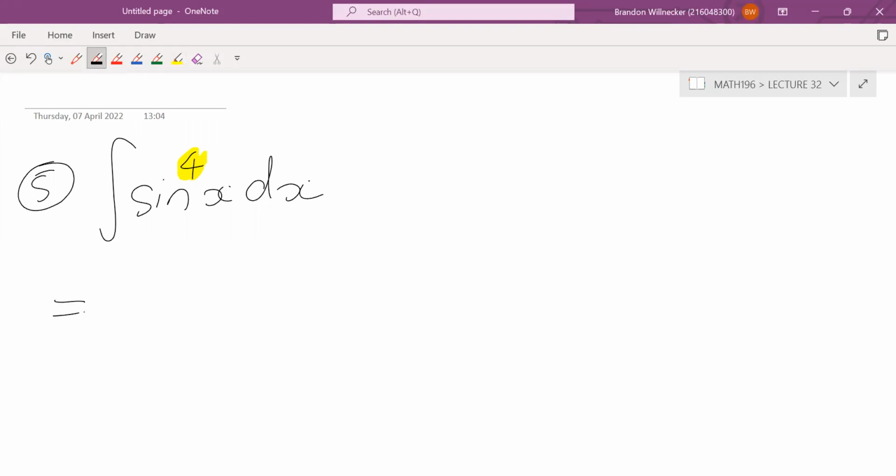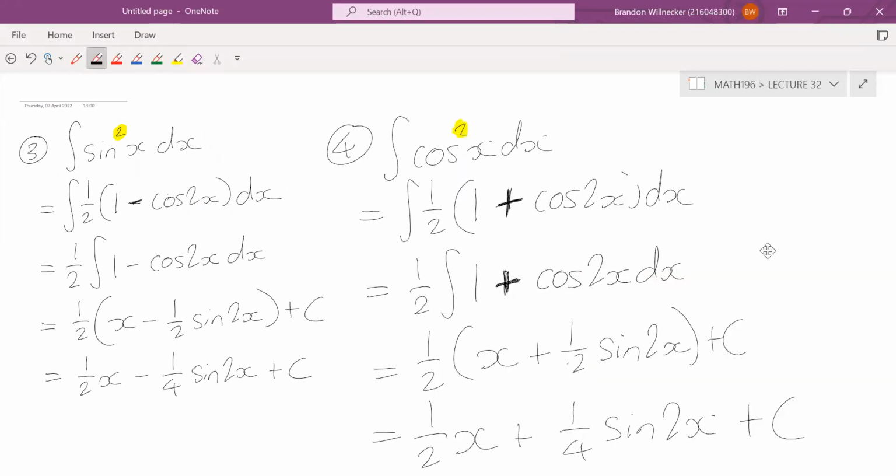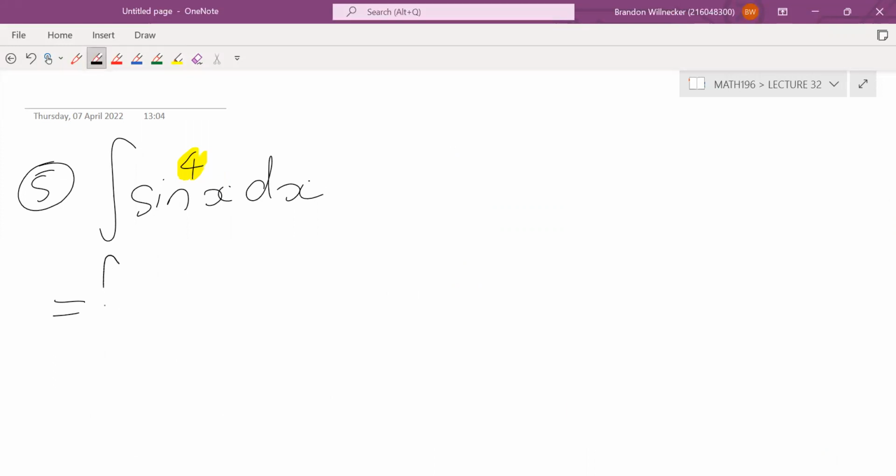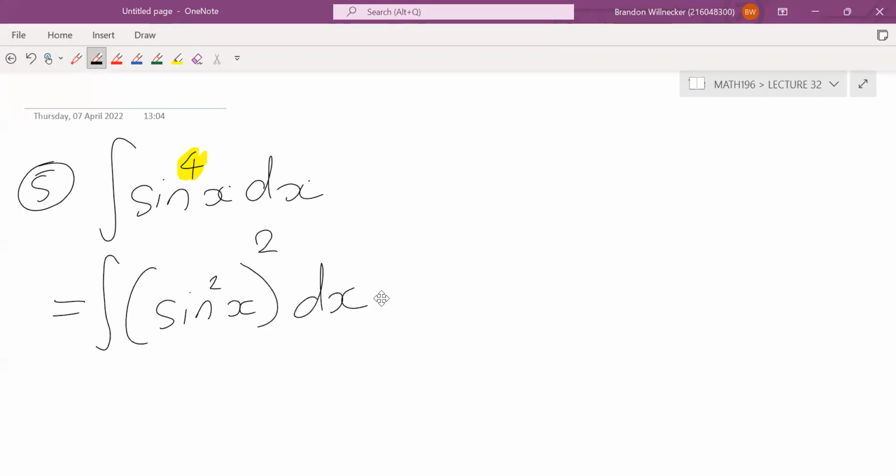So what we do, it's still even, so we're still going to use the same idea as last time, but it's a bit more complicated. So what we do is we write this as the integral of sine squared x, we know how to do that, all of that squared. Okay, so I just separated out the squared like that.